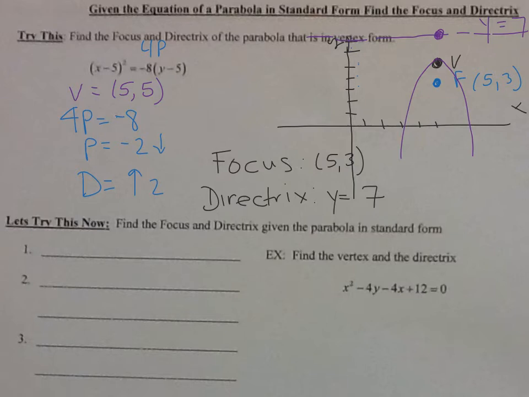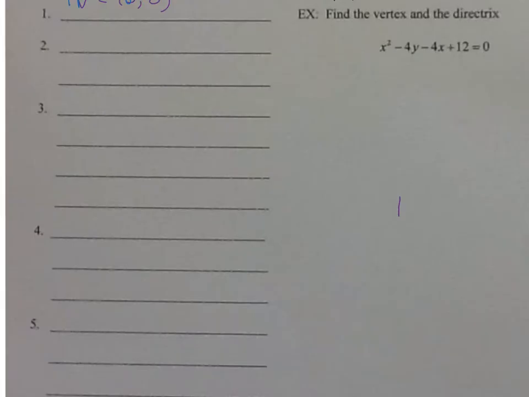So that is what we're going to do to this equation here that's in standard form. We're actually going to complete the square to get it in vertex form. So we're going to go from standard form up to, like what we have up here, which is vertex form. And we do that by completing the square.